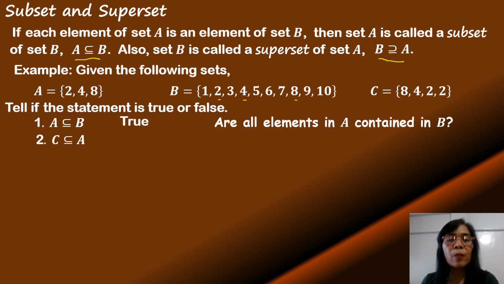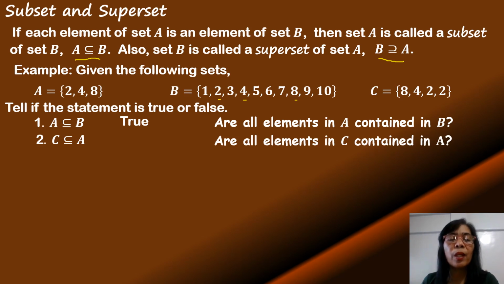The second statement, C is a subset of A. The same question will be asked: are all elements in set C contained in A? So we look at the elements in set C, 8, 4, 2, and 2.